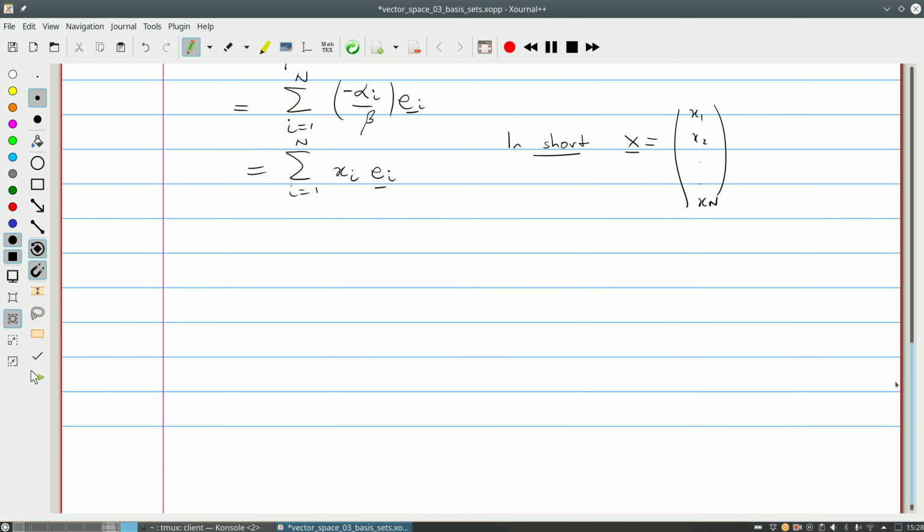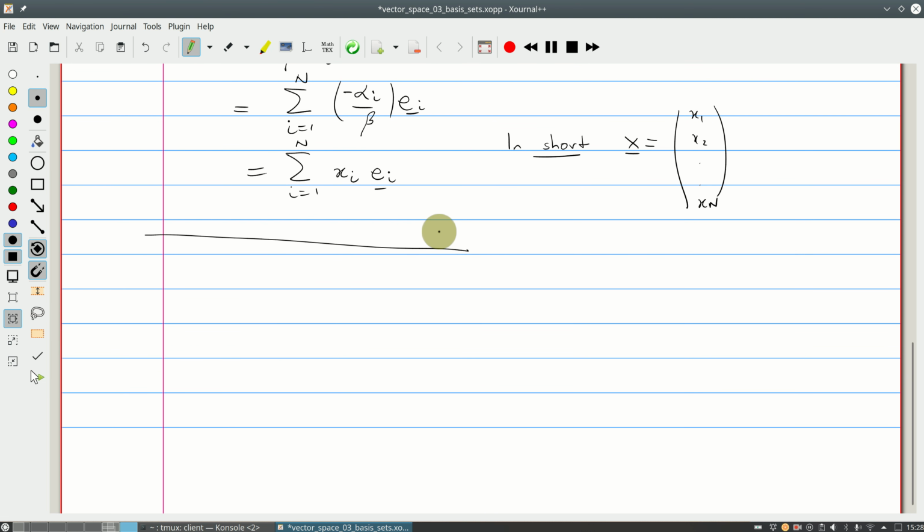Okay, we're nearly done. There's one more thing I'd like to motivate here. This expansion is unique. So given a basis, this is another way of writing i goes from 1 to n. Given this basis, the expansion, the set of xi are unique.